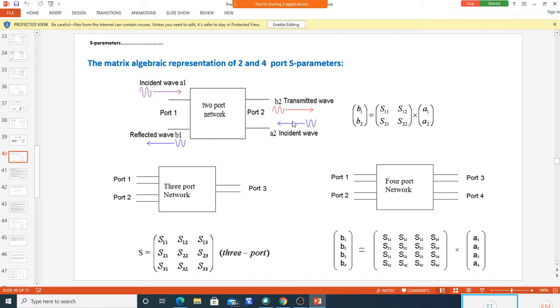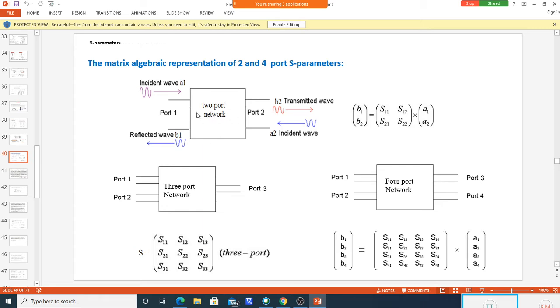Using that notation for the two-port network, we can represent the entire two-port, whatever it may be. It may consist of anything: a mixer, a phase shifter, an amplifier, a filter, whatever it is.